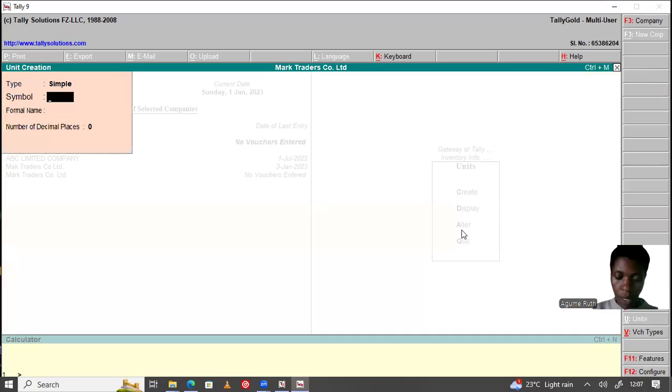So I put in the symbol, then the full name of the unit of measure, and the next is liters, that is the symbol, and in full liters.